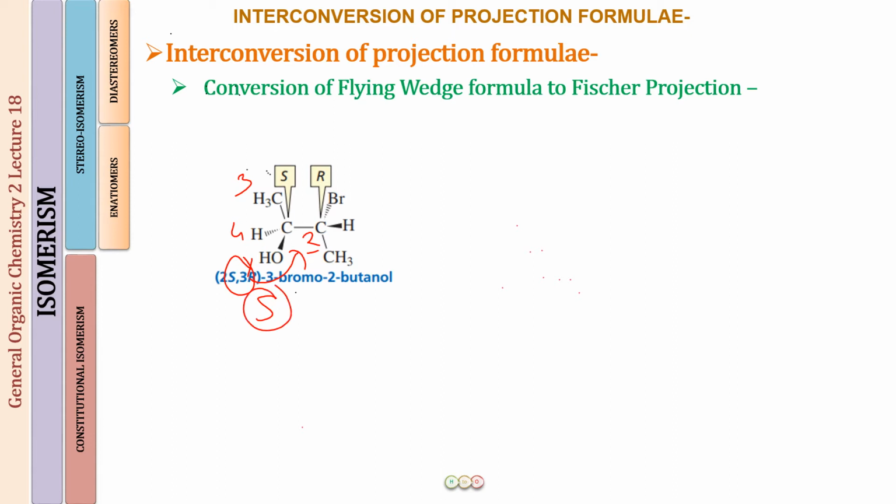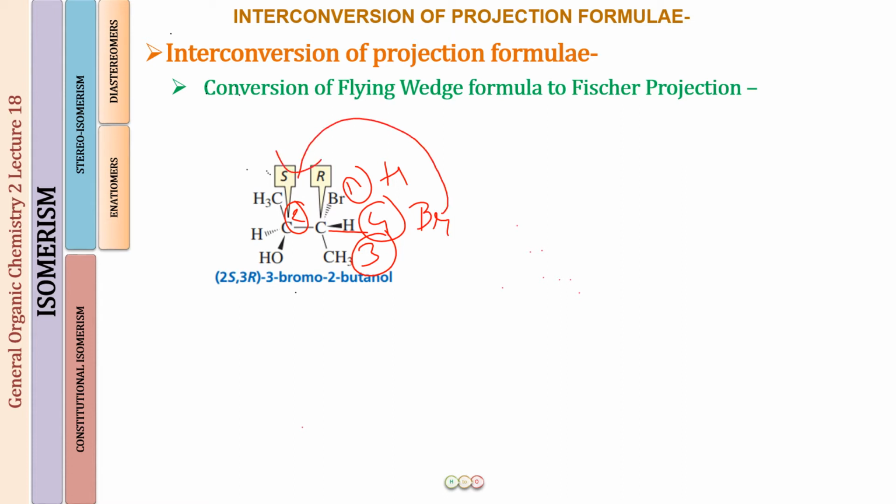And for C3, if I just number the groups again, well, bromine is going to be group number 1, highest atomic number, then this is going to be C2, then 3 and 4. But now hydrogen is represented by the solid wedge, so I will have to change the position of H and Br. So my bromine is over here now, and when I draw an arrow from 1 to 2, this is going to be anti-clockwise.